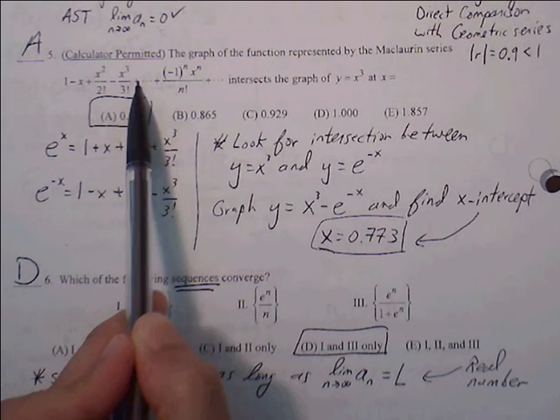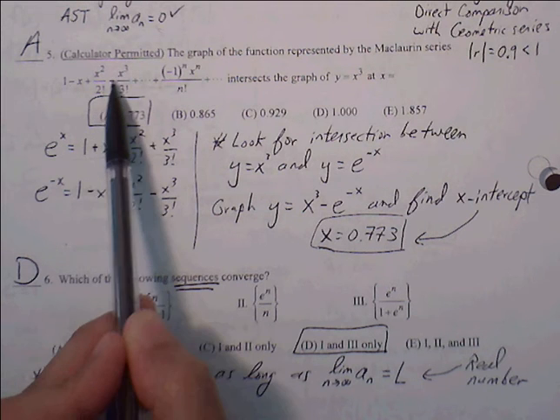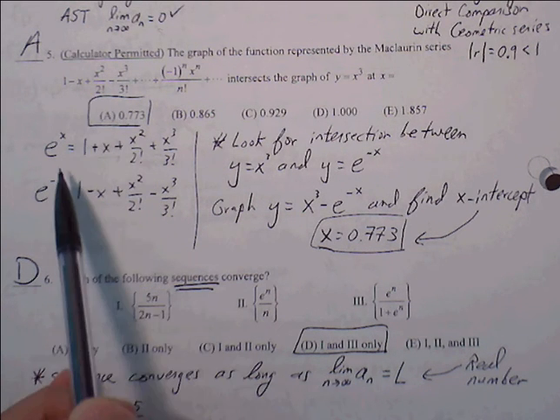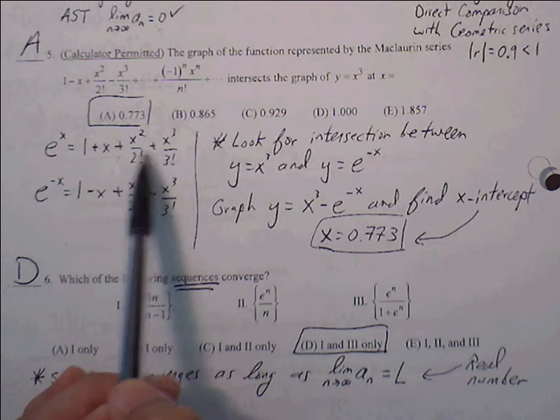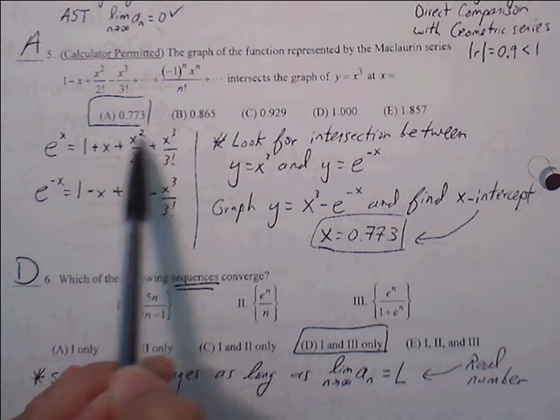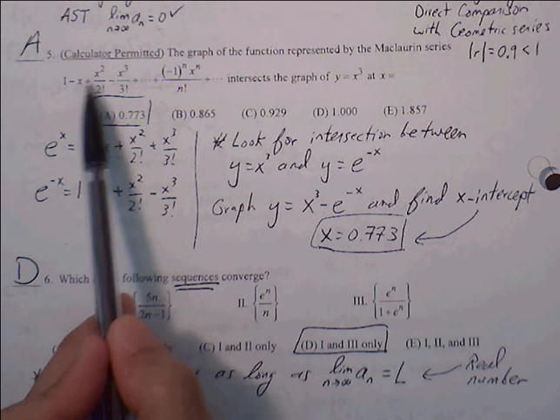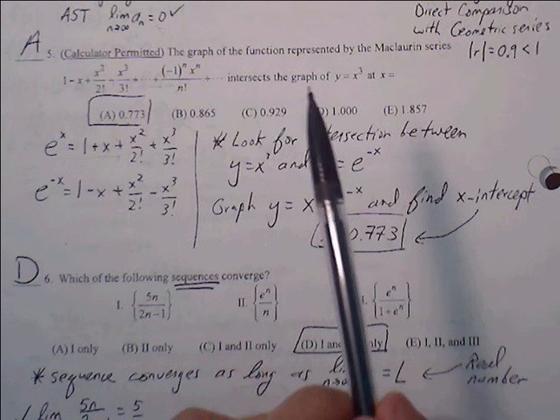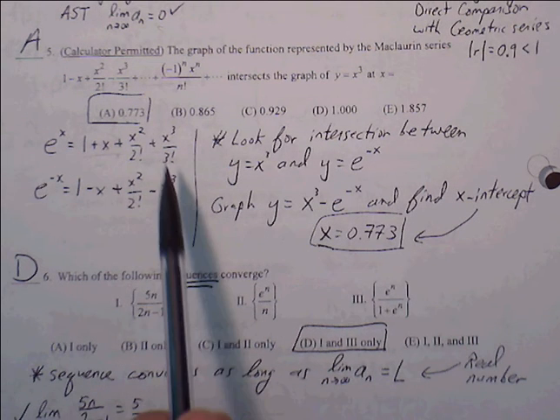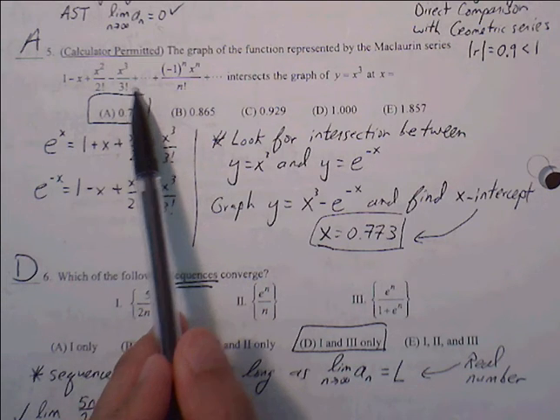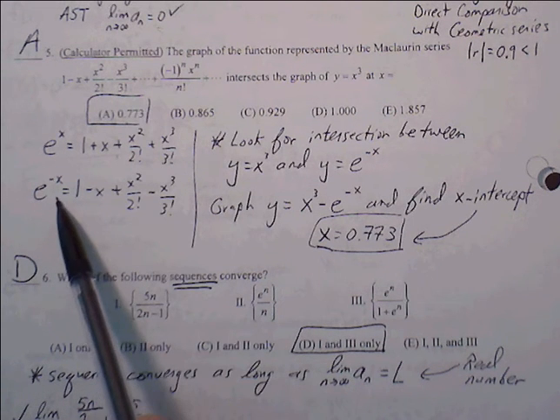So how do we get from e to the x to this new series? What we can do is replace every x with negative x, then any term with a negative odd exponent will cause every other term to be negative. So really, this is referring to the rule of sequence for e to the negative x.